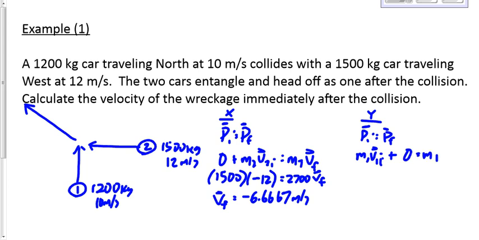It's equal to m total times vf. This time it's 1200 times 10, equals 2700 times vf. When we do that, we get 4.44.